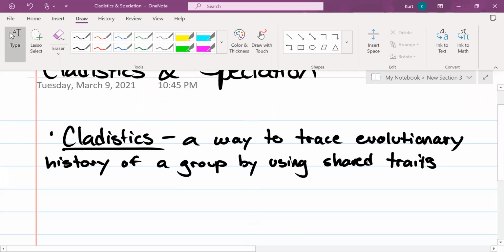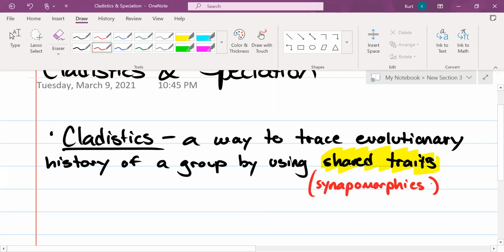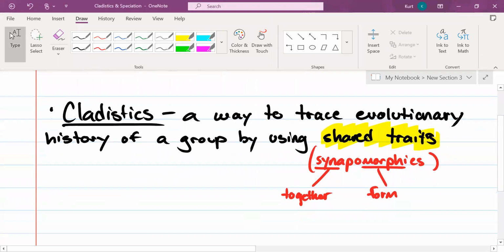These shared traits that I have here are known as synapomorphies. If you recall, hopefully you do recall from your Latin, syn means together, and morph means form or shape. So these are common forms that they all have through a common ancestor.